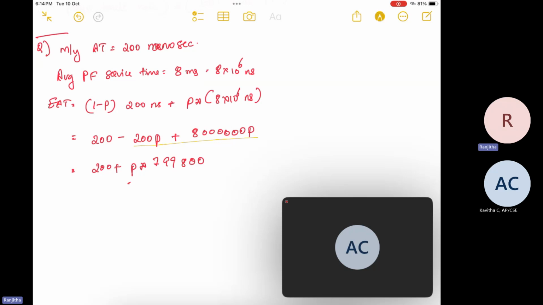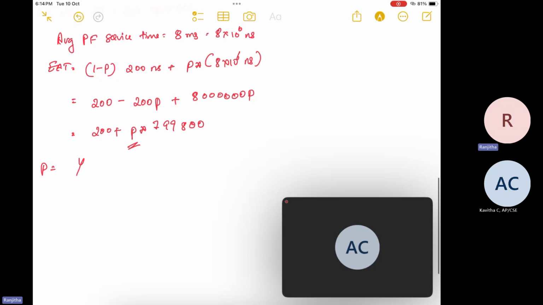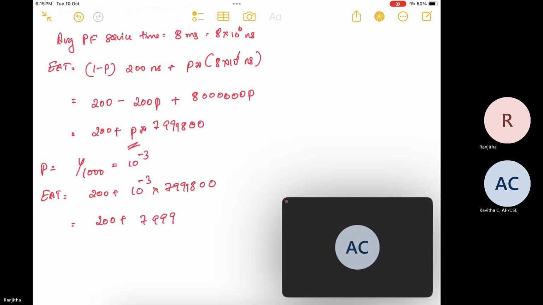Okay, so now if P is the page fault rate, and we assume that it is 1 in every 1000 accesses, which is 10 power minus 3, then effective access time will be 200 plus 10 to the power minus 3 into 799,800, which is 200 plus 7,999.8, which is 8199.8.